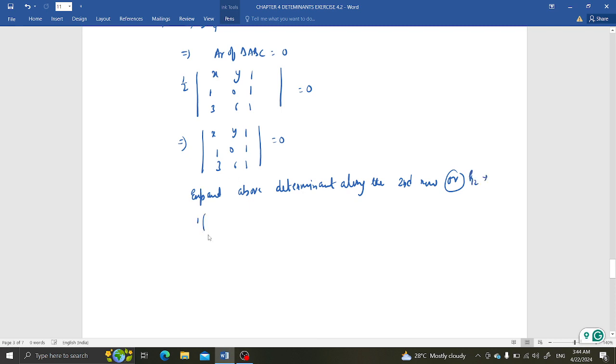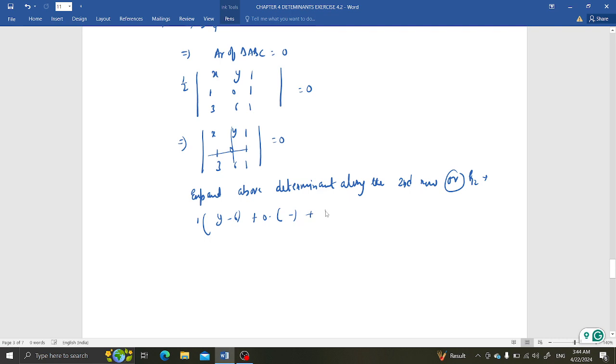So here, 1 times, we need to remove the row and column, y minus 6, plus 0 times the minor, we need to remove this one, and we don't need to write anything here because 0 into something is 0.